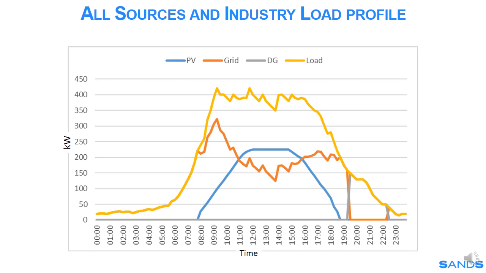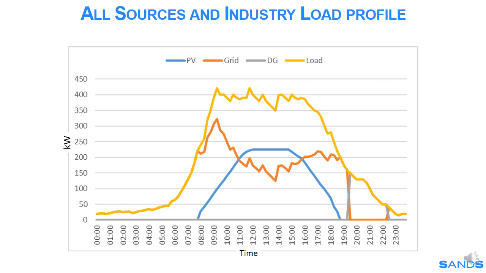Here we can see the profiles of all the sources and the load. It is seen that with the PV generation picking up, the offtake from the grid reduces, and it is shown in the orange line. Again, with the PV tapering off around 7 pm, the entire load is supported from the grid.